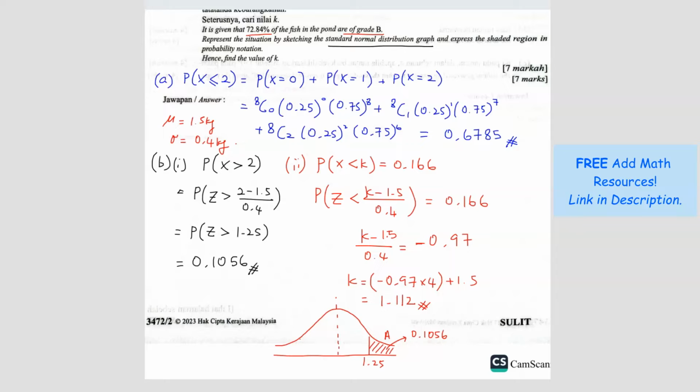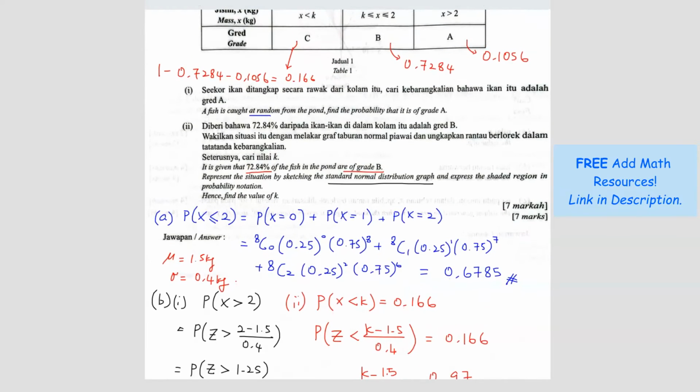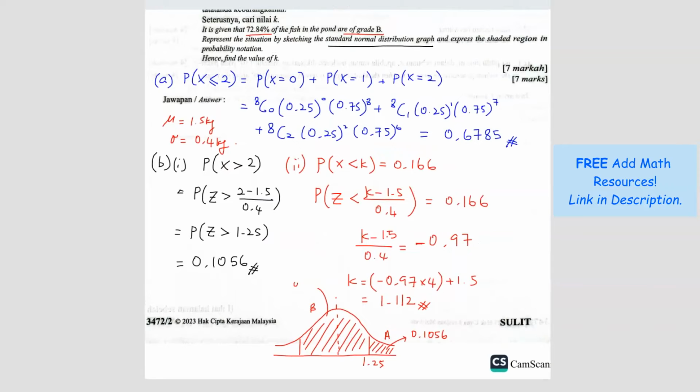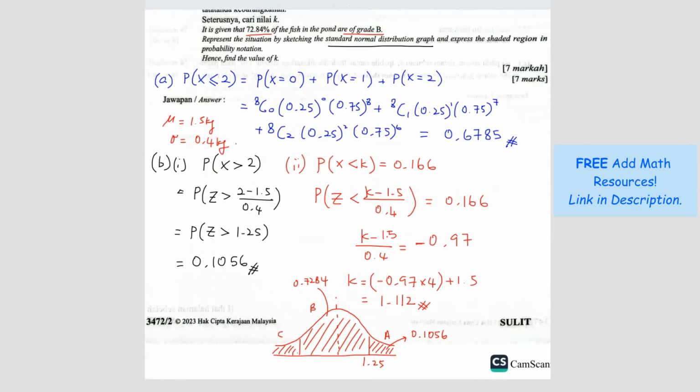And then this one should be the range of B. The probability of B is what they gave, 0.7284. That is for B, and then the remaining side here is C. The probability is what we found just now, 0.166.